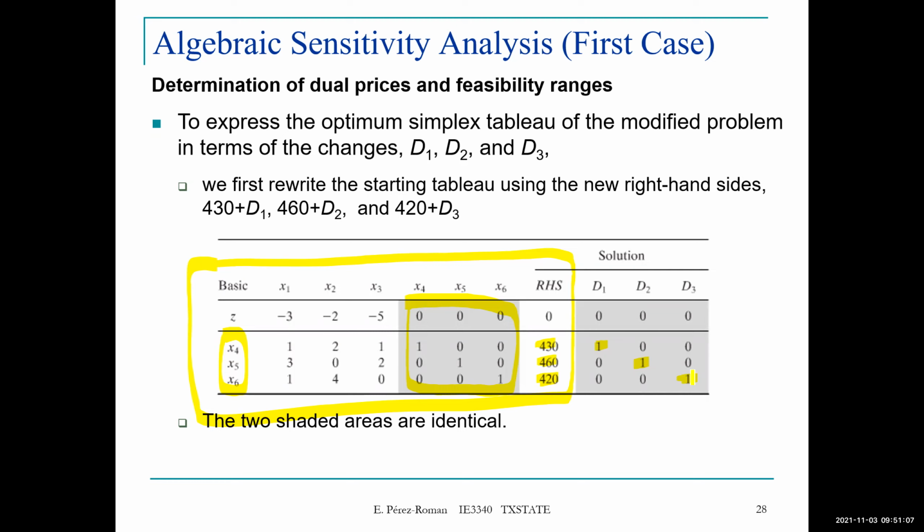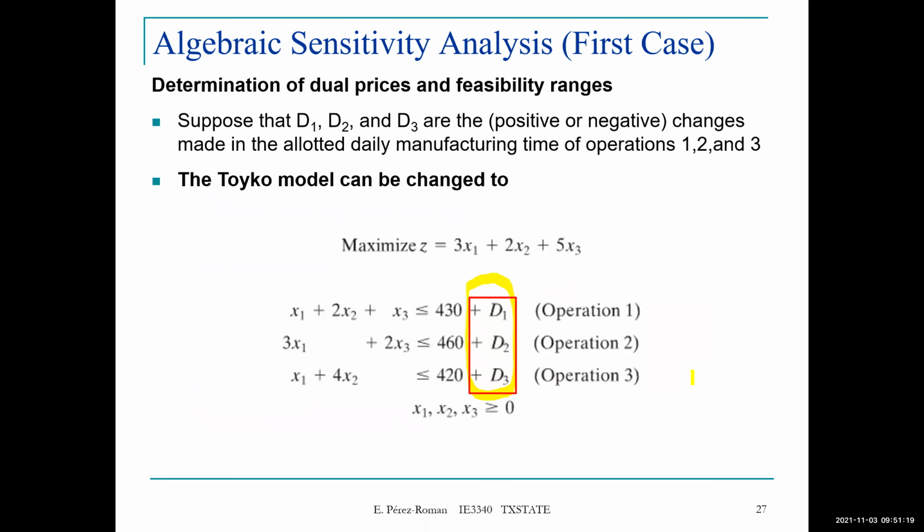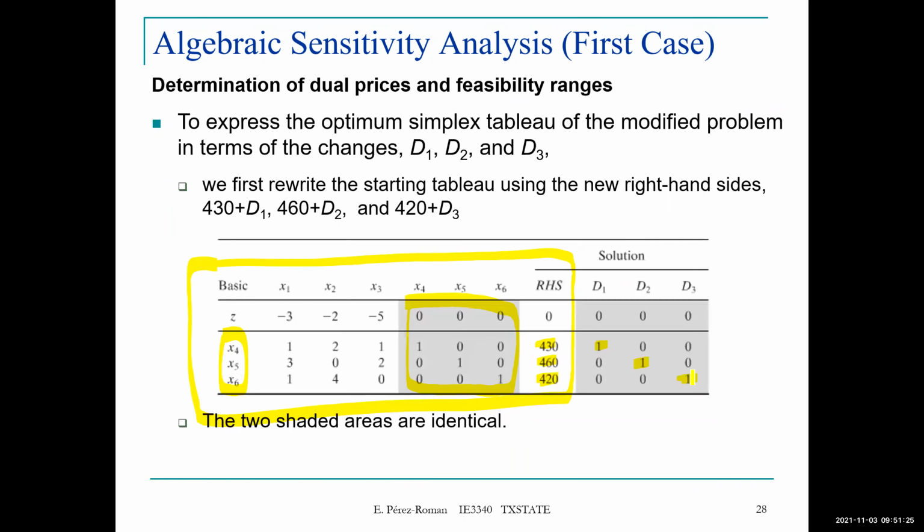They are there just to illustrate the changes in the right-hand side. And this will make more sense in a minute. If you remember from this previous formulation, we are adding D1, D2, and D3 to the right-hand side of the constraints. So in the initial tableau, they are going to be represented by these 3 columns, D1, D2, and D3.